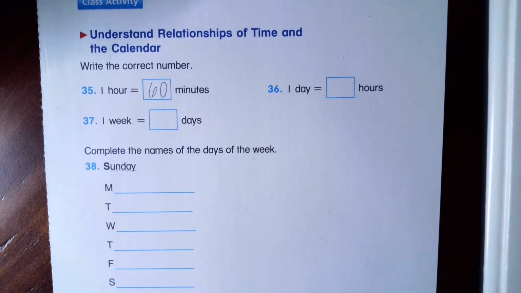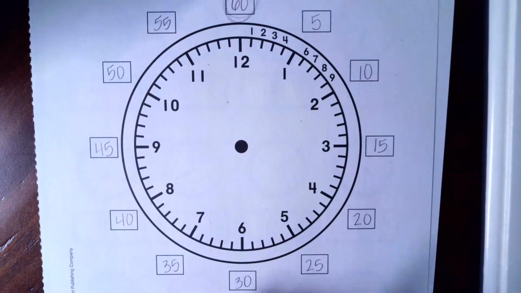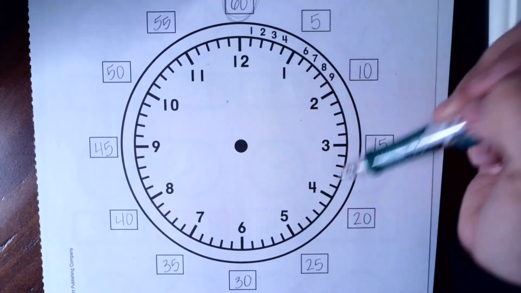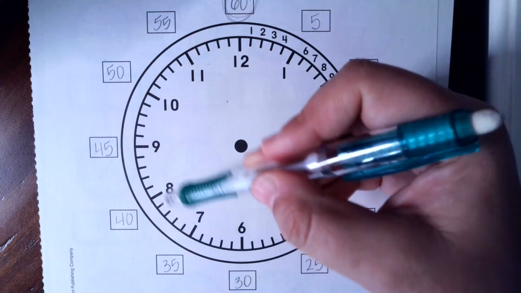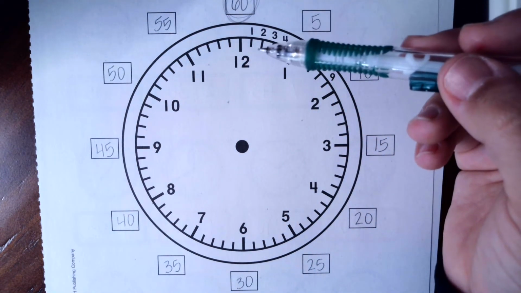Now, in 1 day, how many hours are there? You are asleep for a lot of the hours, right? But we know that a day goes from, let's say we start at midnight. We go all the way from midnight to noon. So midnight to noon, that would be 12 full hours. And then we go from 12 noon to midnight again. So in 1 full day, the hour hand goes around the clock twice.